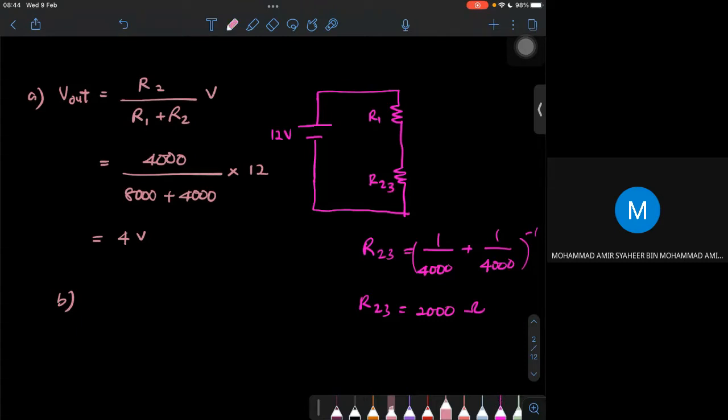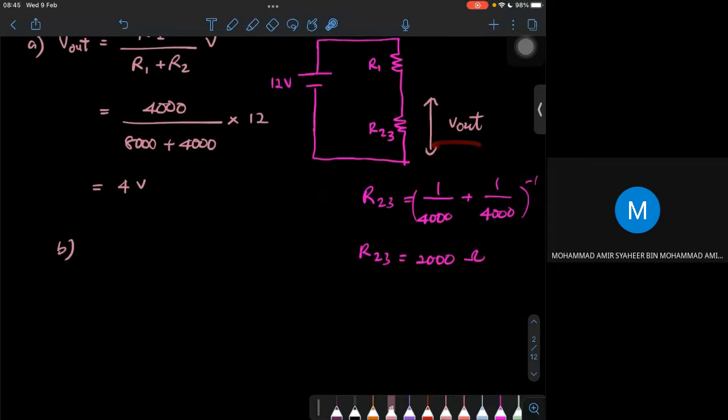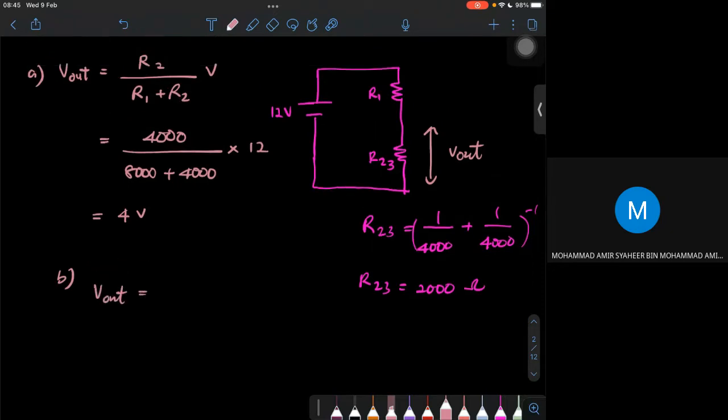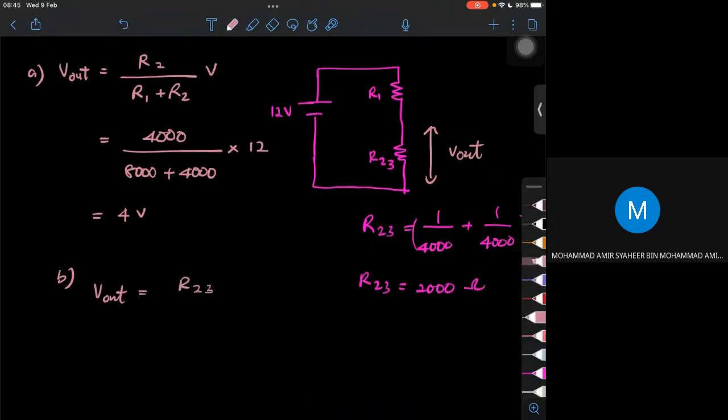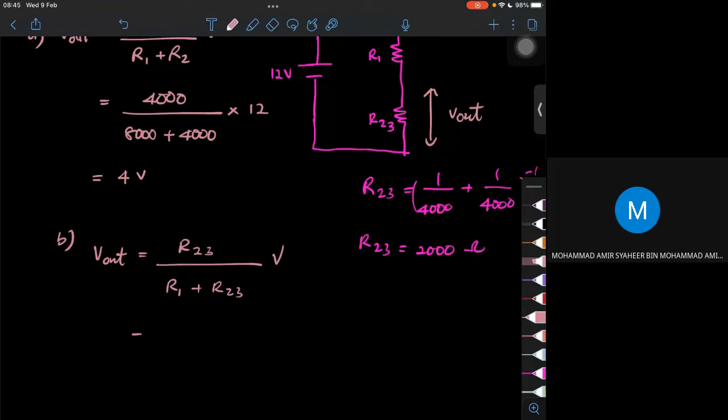And then we still want to find what is the V out here. So still using the same method, V out will be equal to R23 divided by R1 plus R23 times with volt.